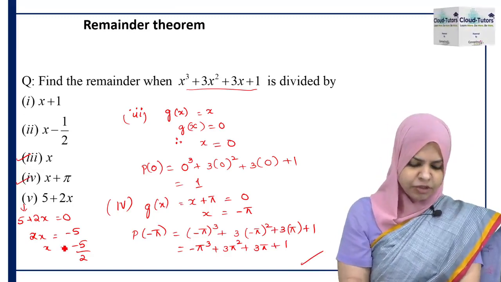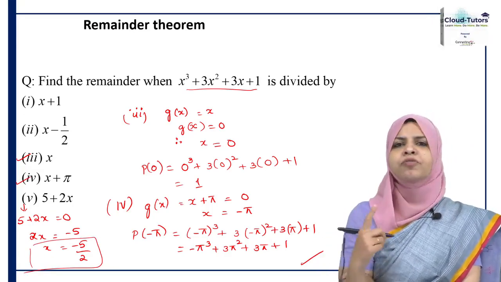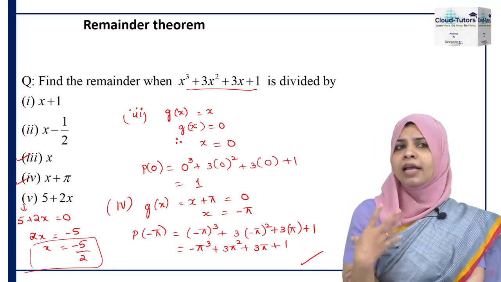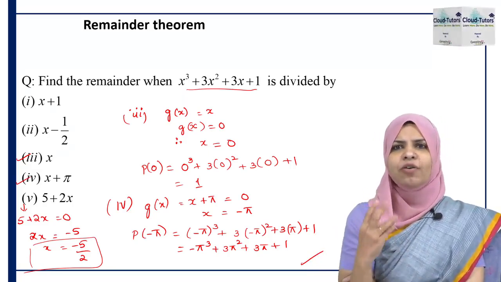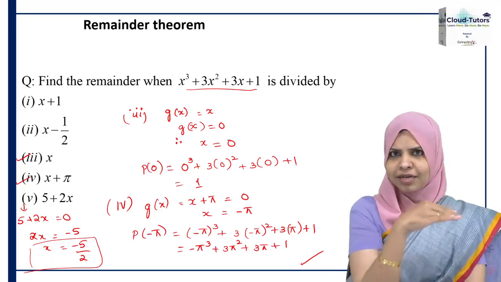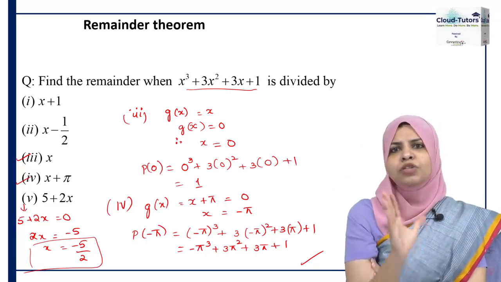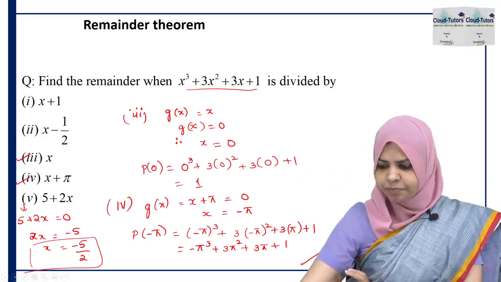I've given you the value of x as minus 5 by 2 for the fifth question. In the other places, finding the value of x is simpler, just transpose. Here we had to transpose the 5 first and then bring down the 2. Please try this, and with this I will end my session here.